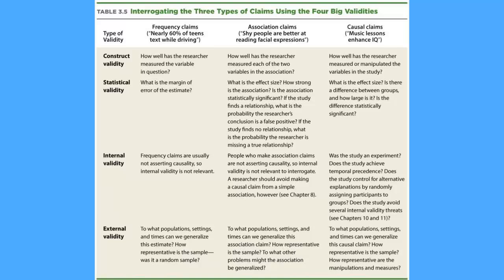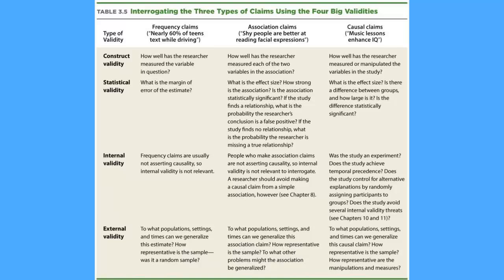I would fold over a corner of this page, put a bookmark in this page, however you remember it, because you'll want to come back to this, particularly in your discussion section, so that'll be towards the end of the term, when you have to talk about the limitations of your study. So for your term project, you're going to want to consider your different validities.